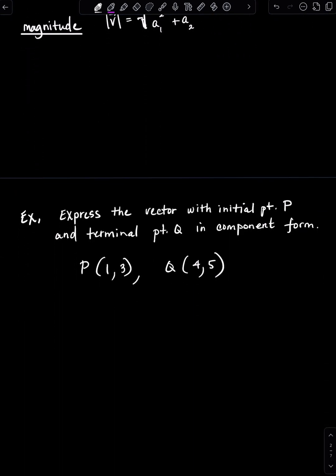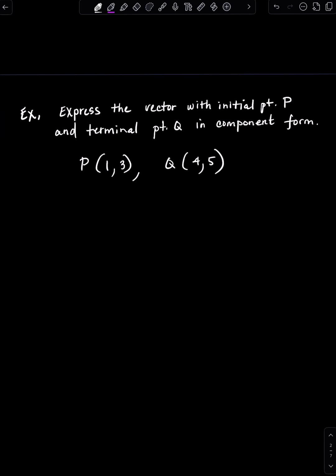The first exercise says express the vector with initial point P and terminal point Q in component form. Let's call this U. Remember that our horizontal component is the change in x. So here's x1, y1, x2, y2.